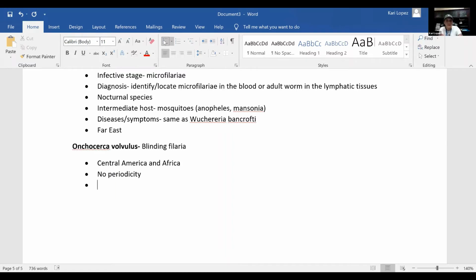Its intermediate host or vector is going to be what? That is the African fly, your black fly, which yes, I think we looked it up earlier, and that is the same. The black fly and the African fly seem to be interchangeable.